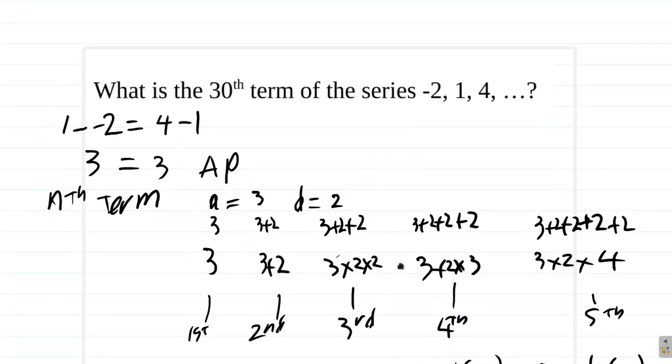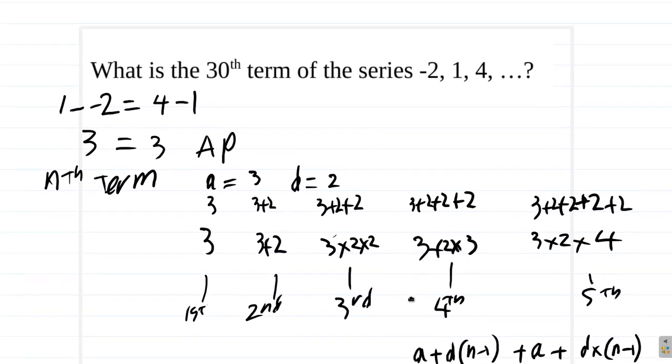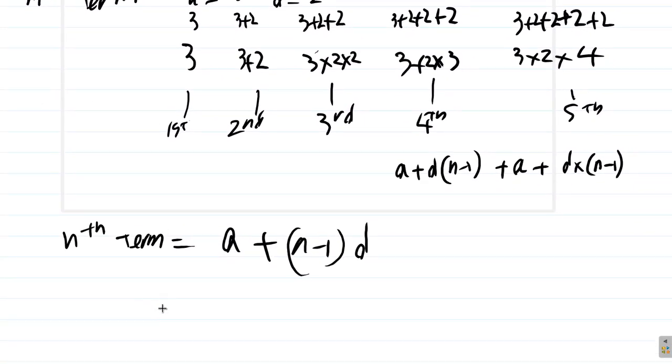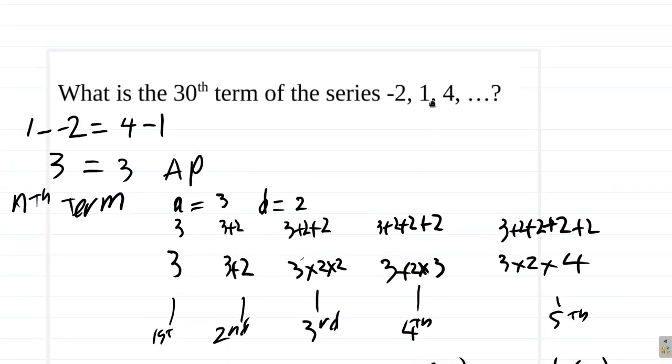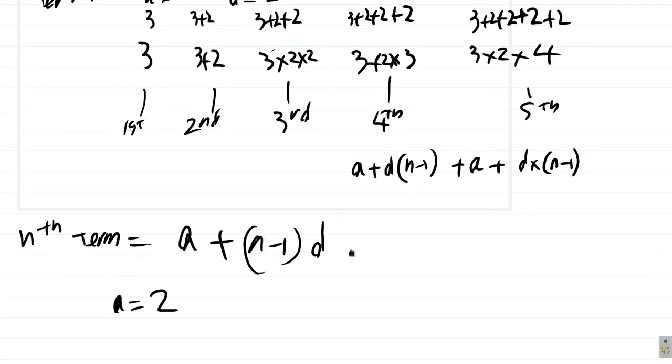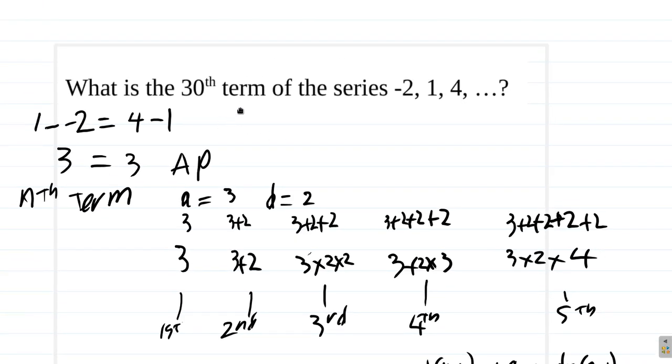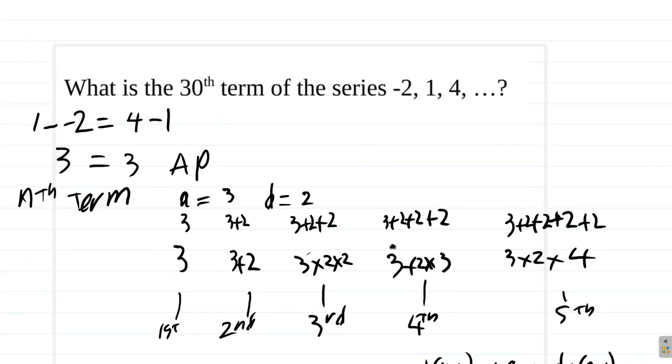So here, in this series, a is 2. What is d? Well, we found out that it was 3. The common difference is 3. Then they want the 30th term. So n is 30.